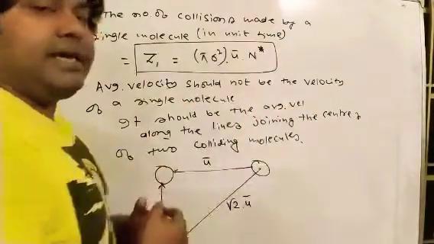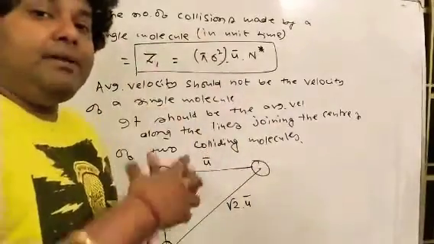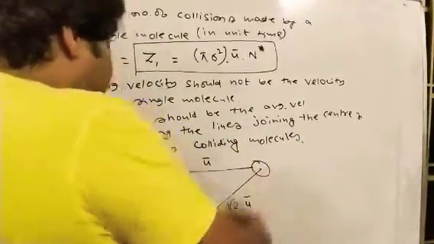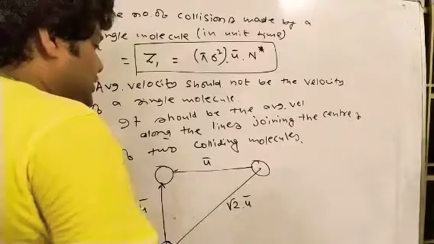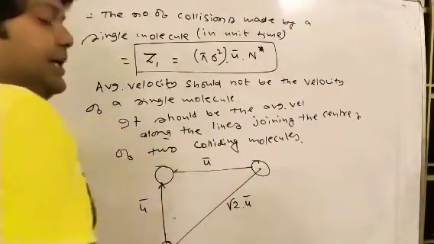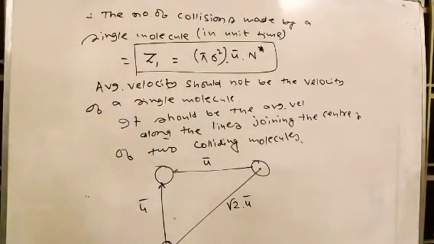There may be a lot of other cases, but what is happening more in number should be the consideration. So this one and this one are going and they are hitting over here. So in maximum of the cases, the average velocity we should take is when they are approaching perpendicular to each other. Clear? So they are approaching each other perpendicularly.